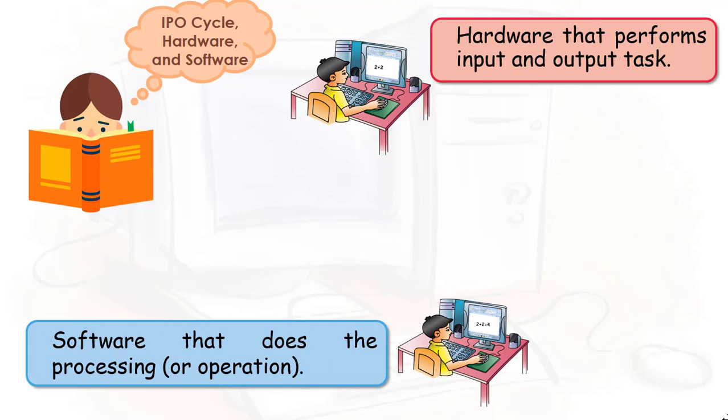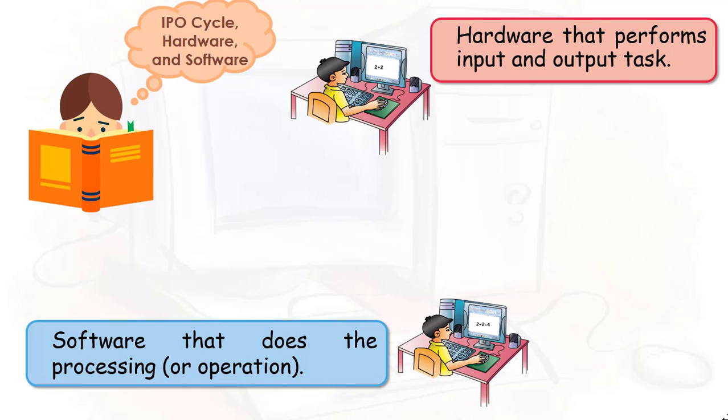Whereas the software does the processing or operation, the result generation part. We can't see how it generates 4 as a result. And we are all aware that we cannot see and touch software. The result generation process, we can't see that.